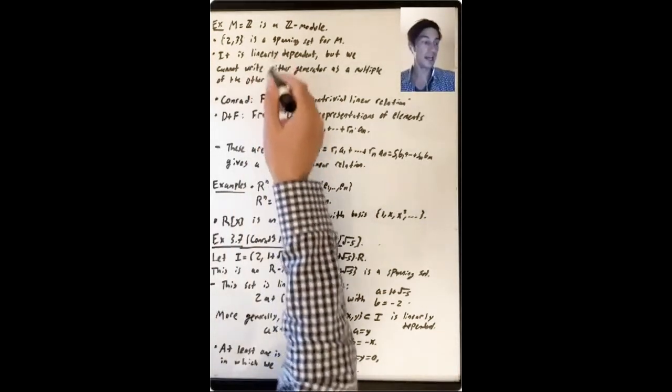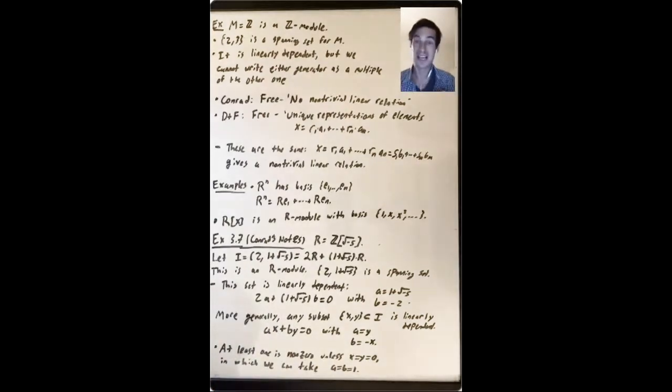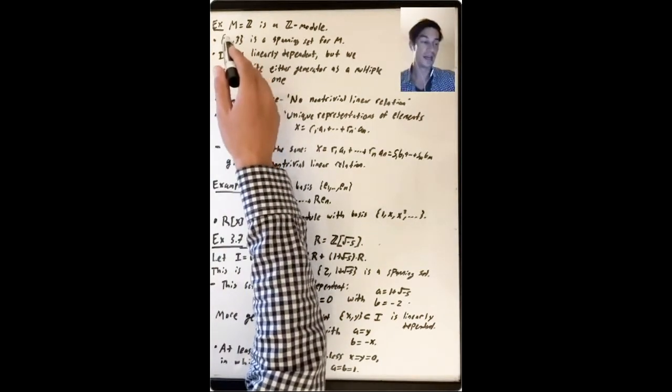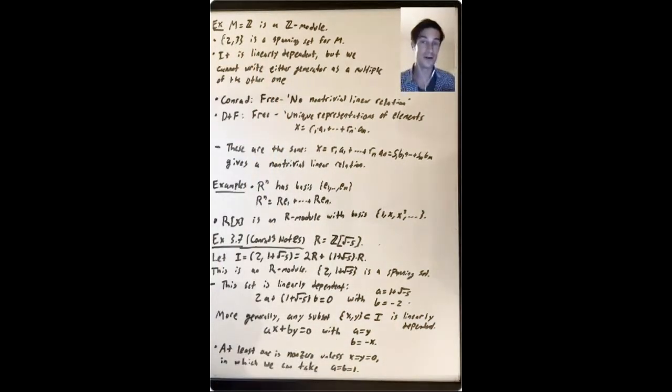So what we're seeing in the setting of a general R module that's not necessarily a vector space over a field, these two conditions, being linearly dependent and having one element that is an R linear combination of the other elements, are not the same condition anymore. The main reason is that it is true that 3 is a multiple of 2, but in Q, not in the ring Z.